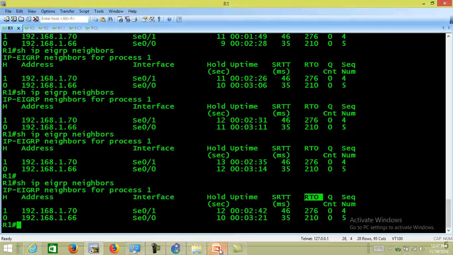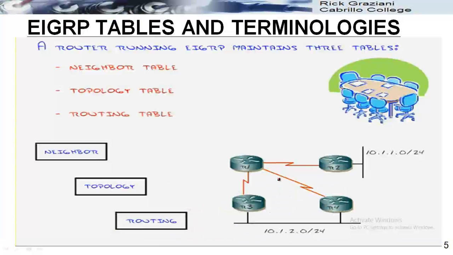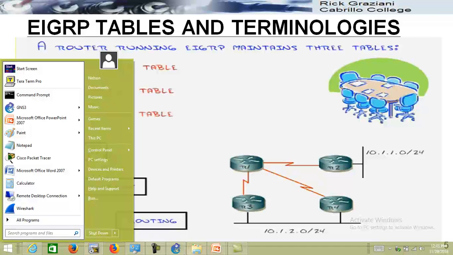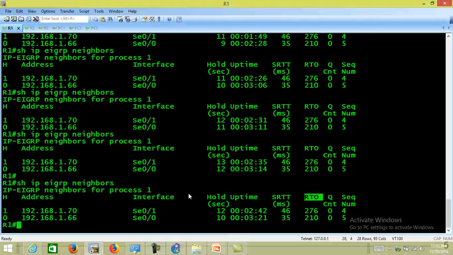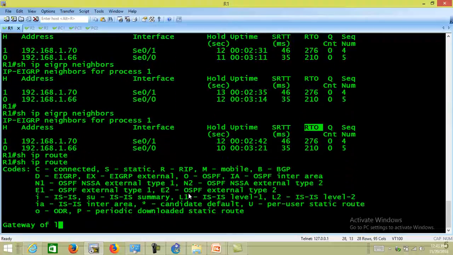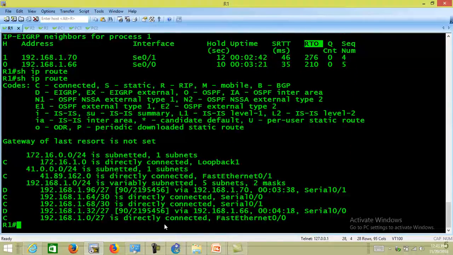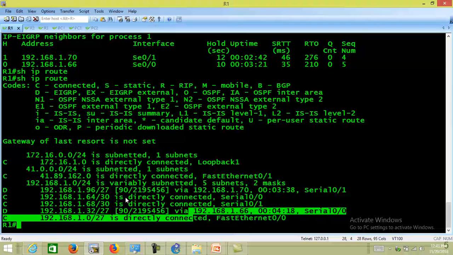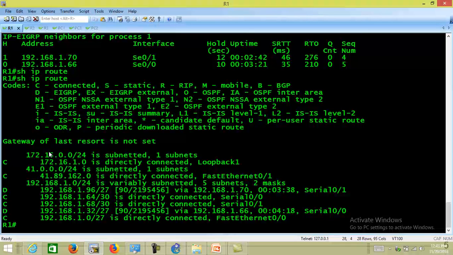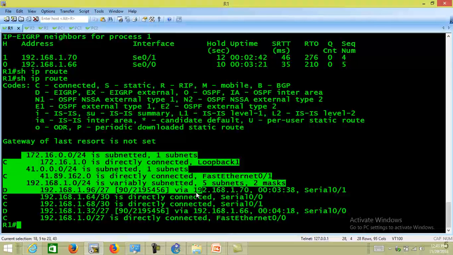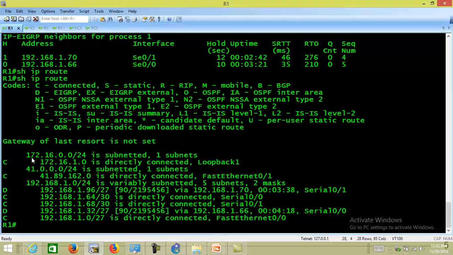So that's the neighbor table. Unlike RIP, which once every 30 seconds floods the whole routing table, in the lab environment our routing table is no big deal, right? Show IP route. The routing table here is relatively small. If you do show IP route on a typical production network, in a big network, you'll see maybe a full page or several pages of this routing table.